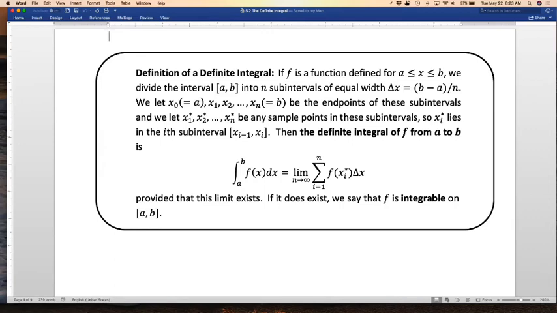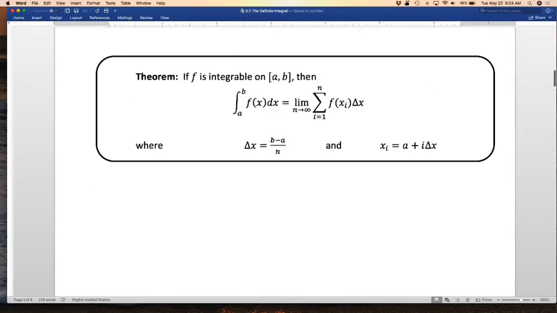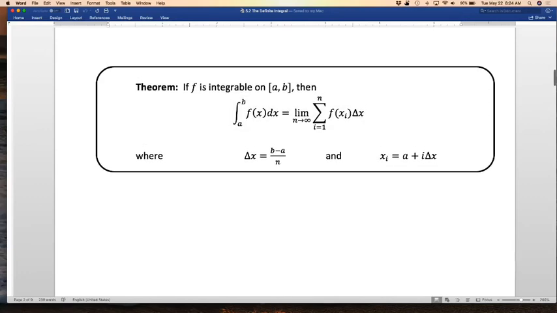The star. Notice that on the limit here, we have f of x sub i star, which tells us we're taking sample points, any random point inside that interval. The difference here is that we don't have that star. So instead of taking sample points, we're taking endpoints of the intervals.